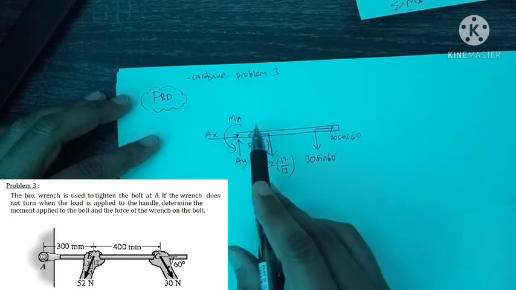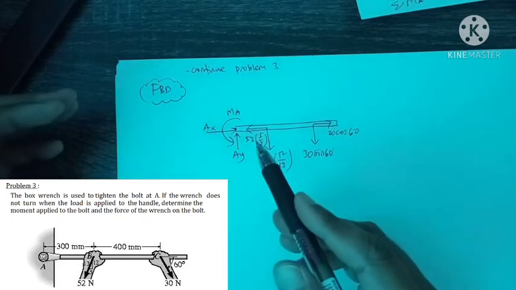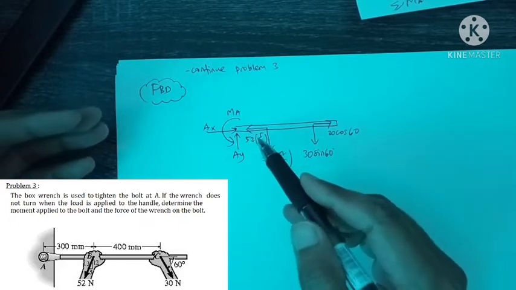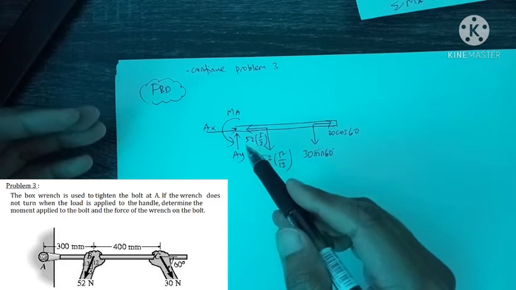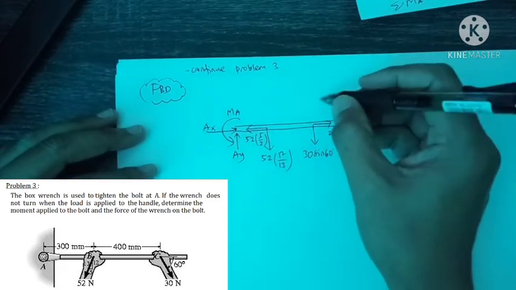So if you are looking at this particular point, okay, all the unknowns that we have provided here are similar to what the fixed support provides.